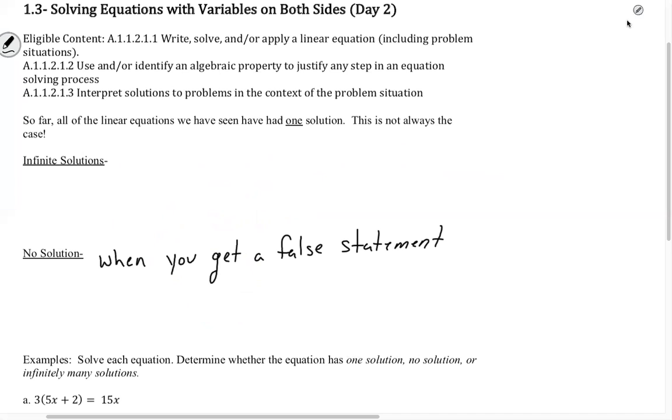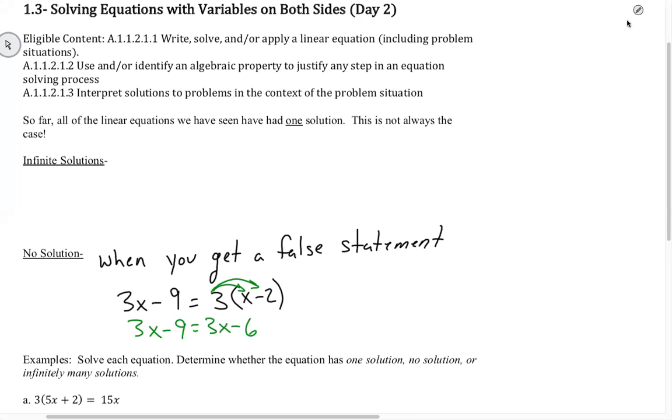Well, what if I have 3x minus 9 equals 3 times the quantity of x minus 2? If I distribute that 3, I get 3x minus 9 equals 3x minus 6.